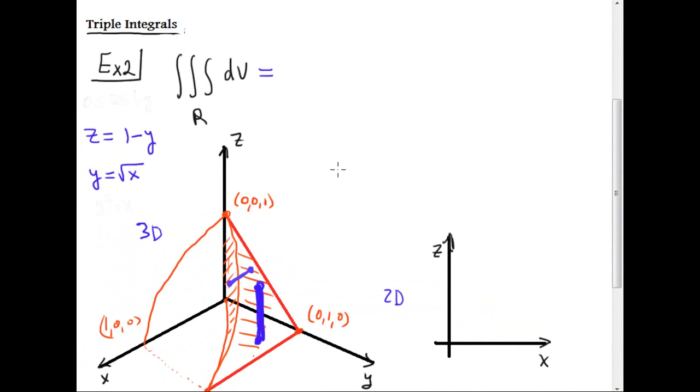Okay, the last possibility is using y simple. Y simple, I integrate parallel to the y-axis. So you integrate from the wall of the cylinder to the wall of the plane. And the projection is onto the zx plane.